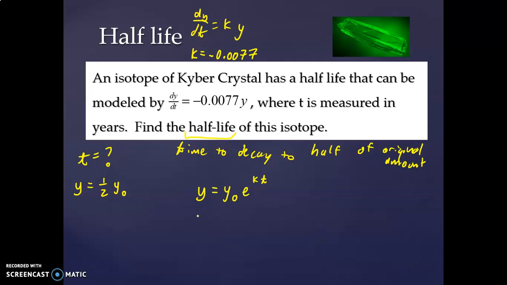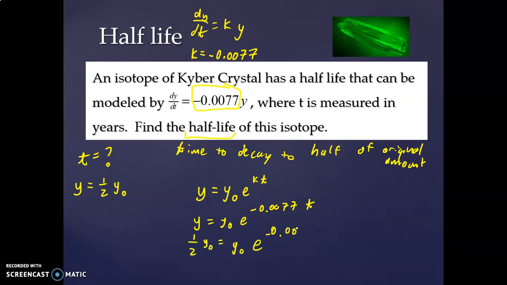And I already have my k value, so I can plug that in: negative 0.0077 t. Notice that this is k times y, but in this formula it's k times t. So k times y here, k times t here. Now, I don't know what y is, but I know that it's half of y naught.